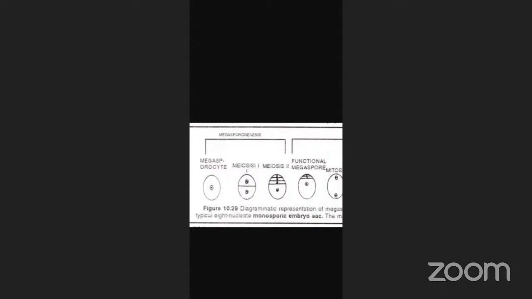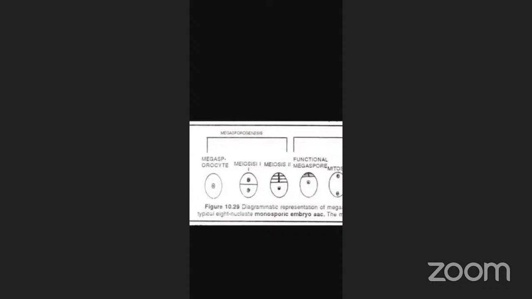There is no third division in this Oenothera type of embryo sac, so there is neither the lower polar nucleus nor any antipodal cells. This type of embryo sac is a characteristic feature of the Onagraceae family.